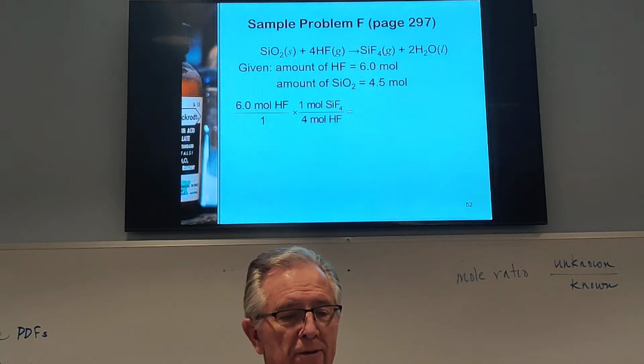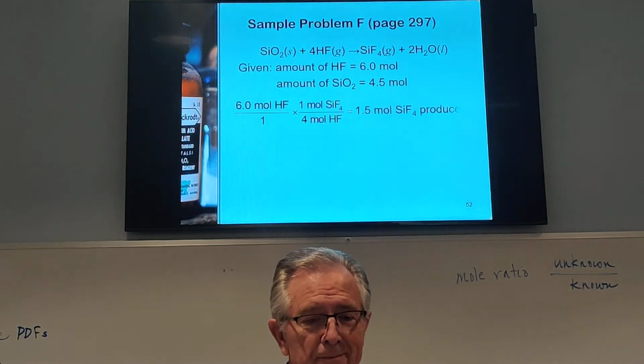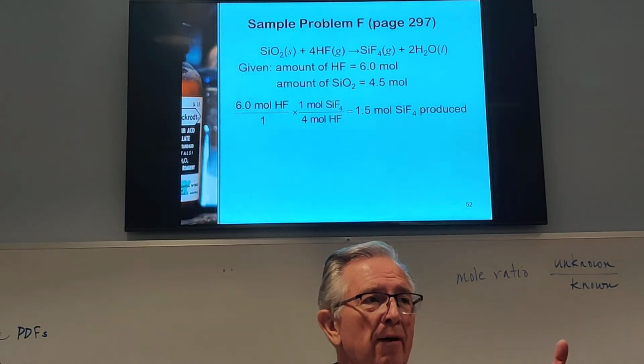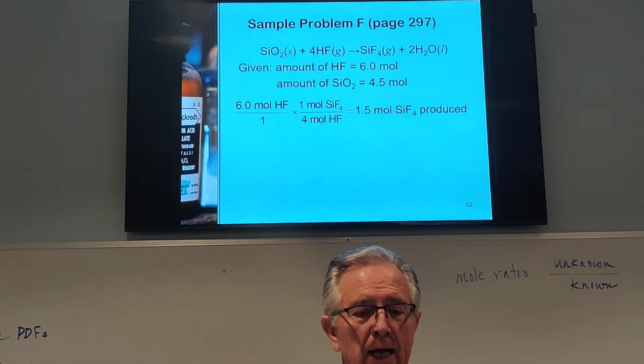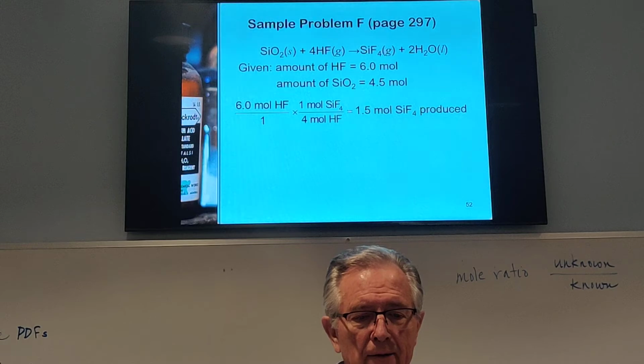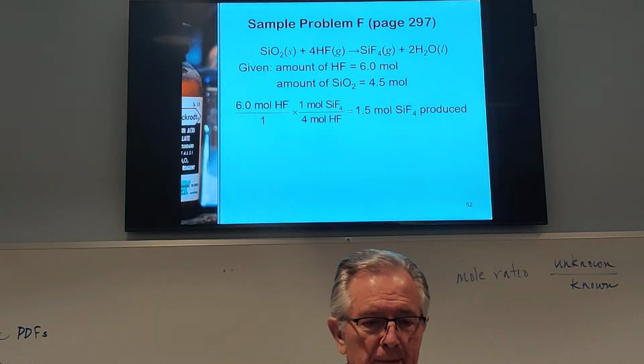So 1 times 6 divided by 4, can you do that in your head? 1.5? Okay, so if I started out with HF, then I would end up with 1.5 moles of SiF4. Okay, if I used it all up, that's what I would get.